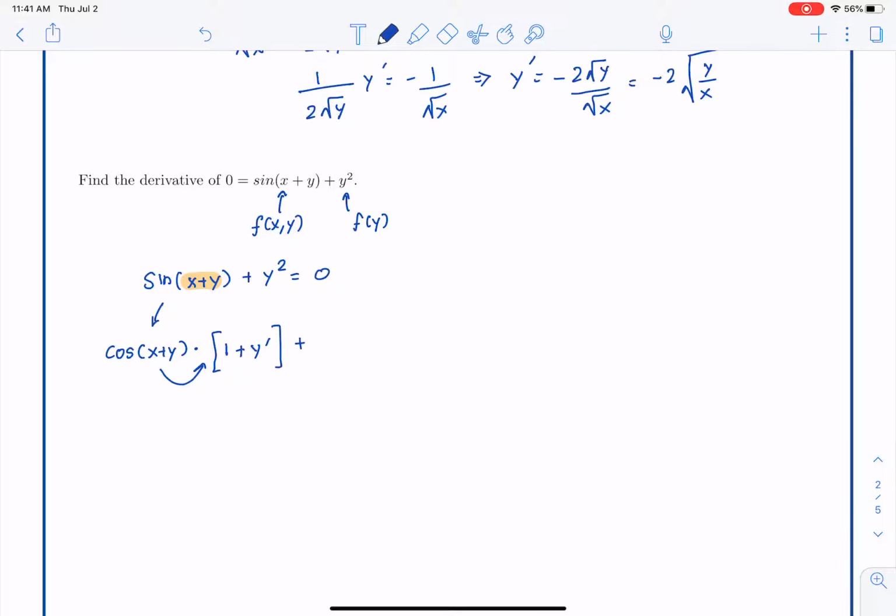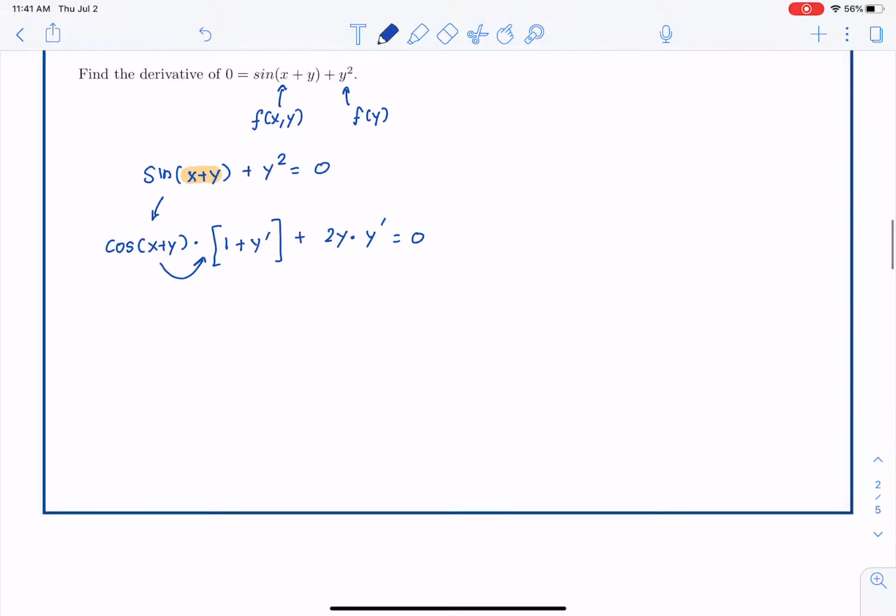And we have a function of y, which is y squared. We treat y squared as x squared. We know the derivative would simply be 2y, but we have to multiply it by y prime. And that would equal 0. So distribute, we have cosine of x plus y plus y prime cosine of x plus y plus 2y y prime equals 0. Move the cosine of x plus y to the other side.